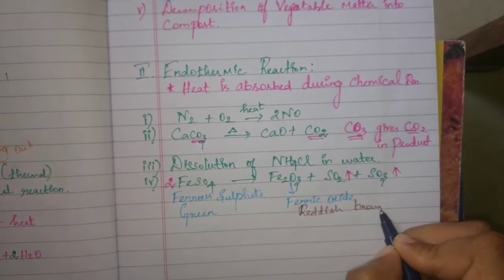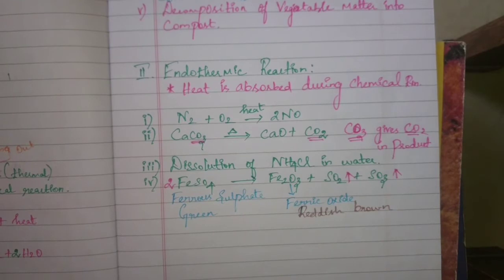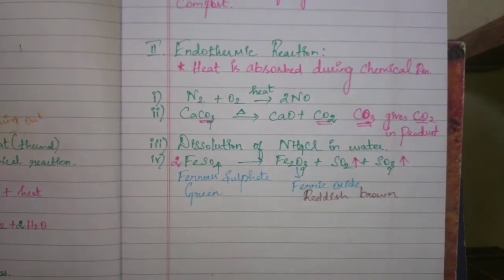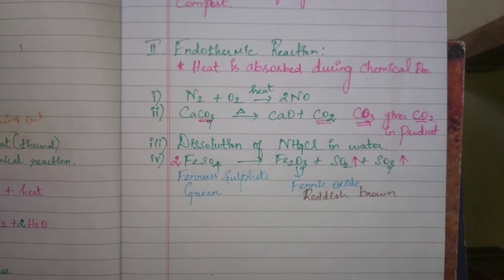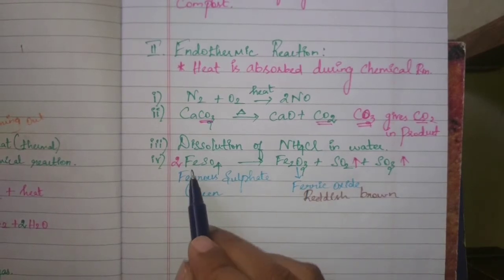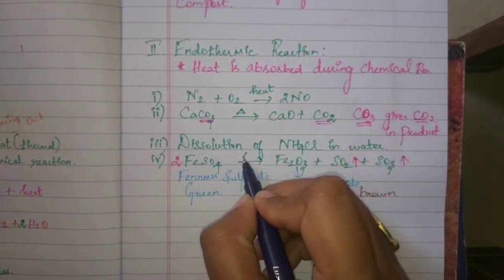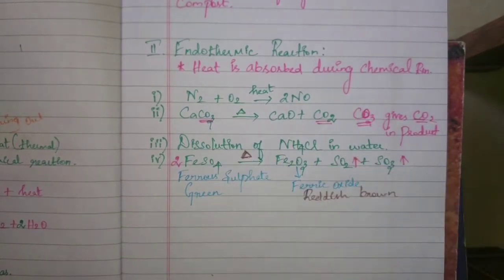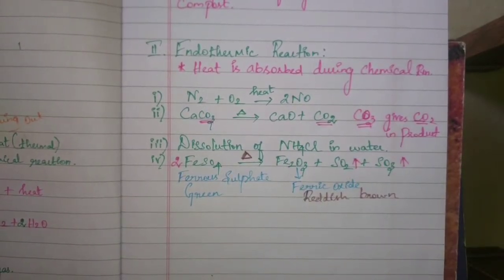Reddish brown. So next example, decomposition of lead nitrate. Why these equations are example for endothermic means, so these reactions use heat energy. So heat is absorbed during the chemical reaction.